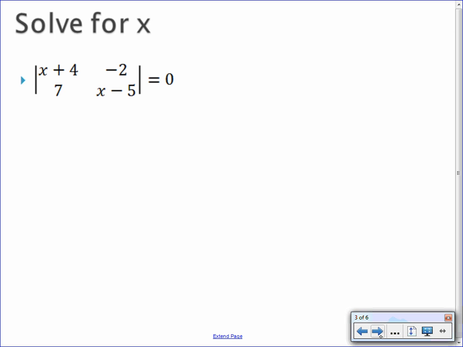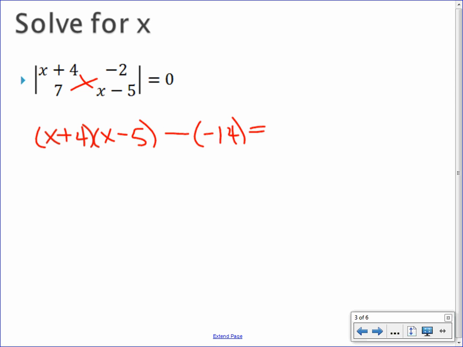But we want to solve for x. So we have to take x plus 4 times x minus 5, and then subtract negative 14, and that should equal 0. So how do we solve for x?